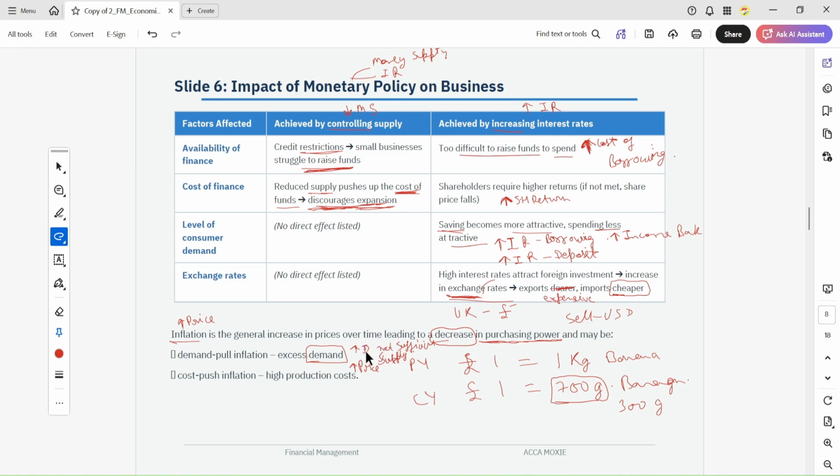The price will increase. When the price increases, that means the inflation has increased. Okay.